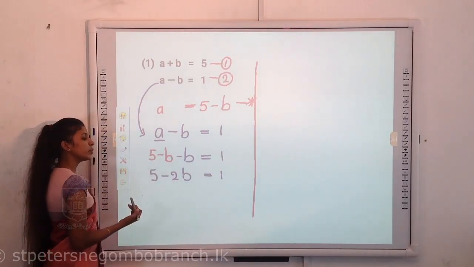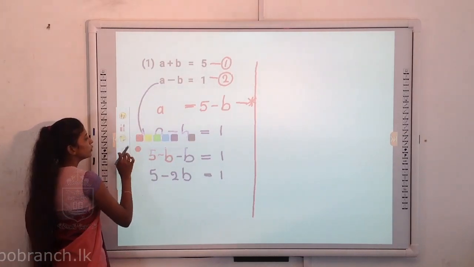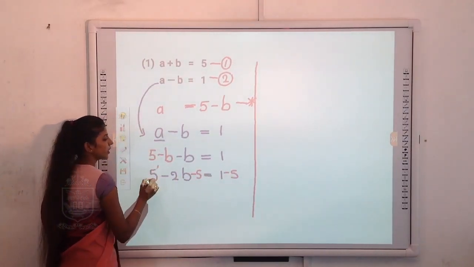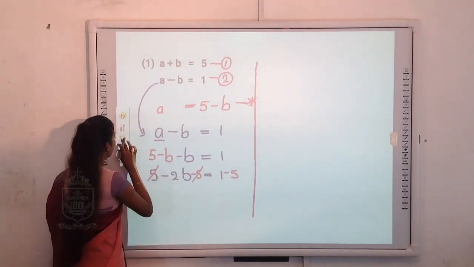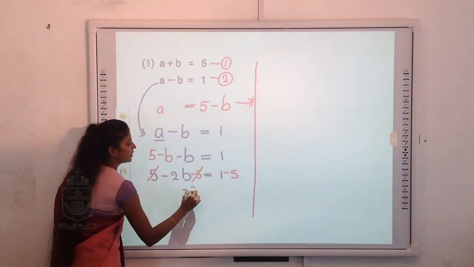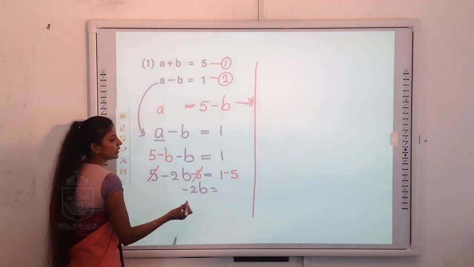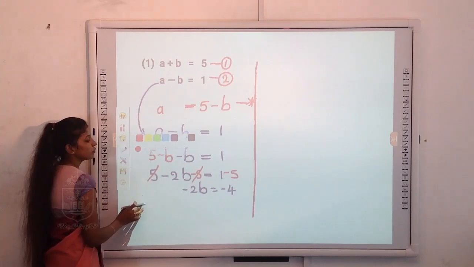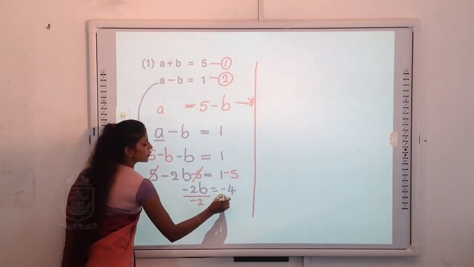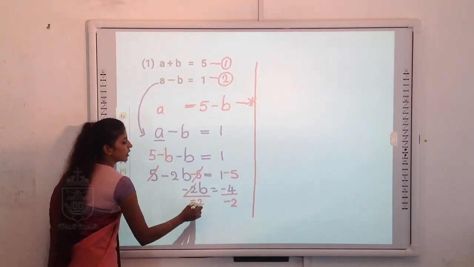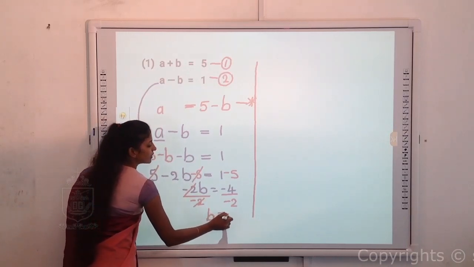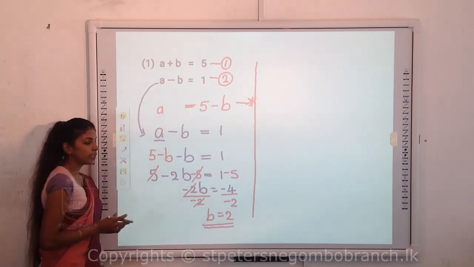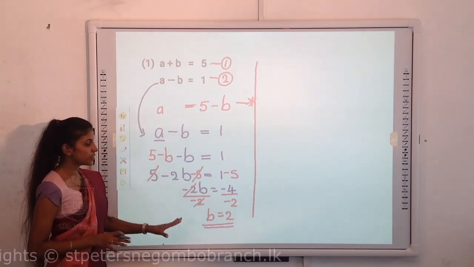Then our next step is to cancel 5, so you have to subtract 5 from here. 5 removed, minus 2B is remaining here, and here you will have minus 4 as the answer. Our next step is to remove minus 2, so you can divide and we will get an answer for B as 2. Minus divided by minus will be positive. So B equals 2. This is the substitution method.